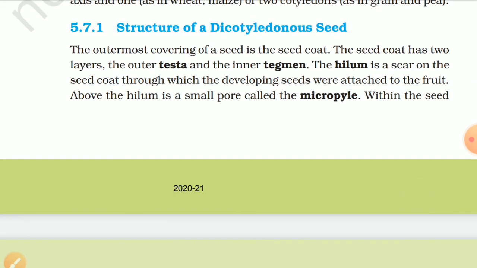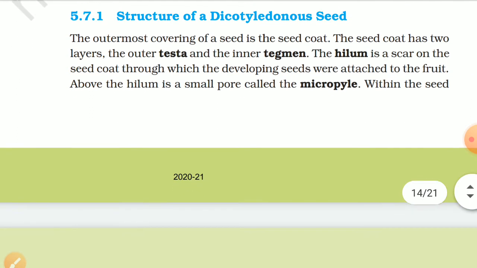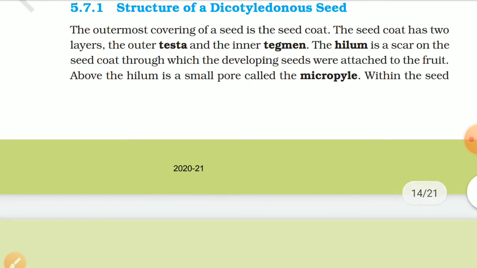5.7.1. Structure of dicotyledonous seed. The outermost covering of the seed is the seed coat. The seed coat has two layers, the outer testa and the inner tegmen. The hilum is a scar on the seed coat through which the developing seed was attached to the fruit.